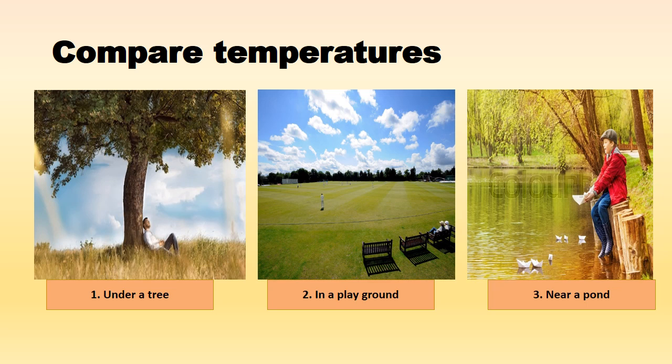Sometimes you start to sweat, and you can feel that the temperature is comparatively higher than the other 2 places. If you have a thermometer also, you can measure and see, children. And when you go near a pond also, just because there is some water, the place is somewhat cooler.